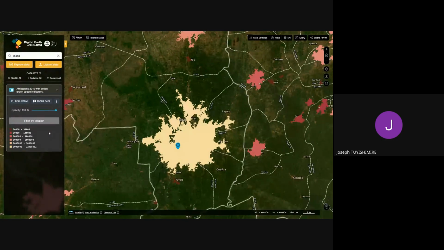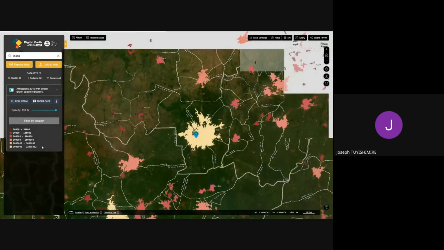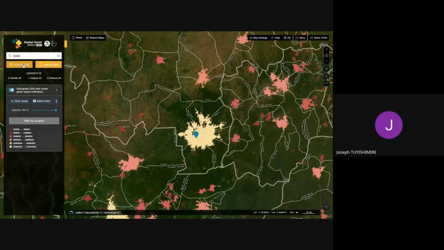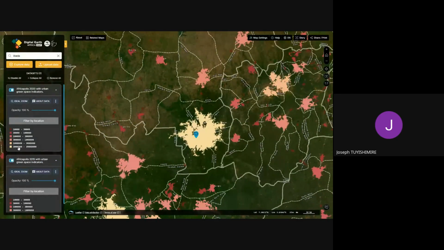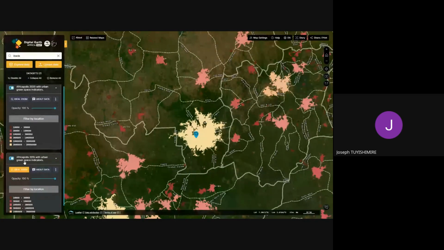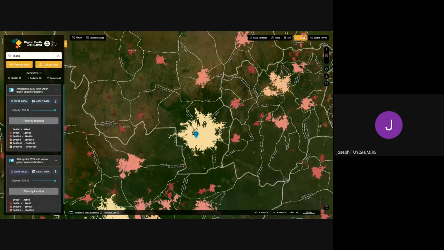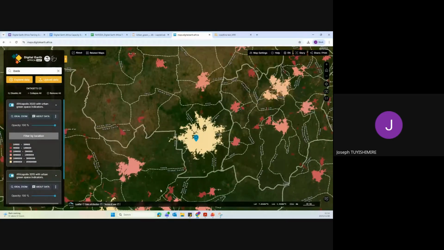It also shows us the size of green spaces for each city, and you can compare. They have 2015 and 2020. Actually, those are a few ways to view urban growth in general.